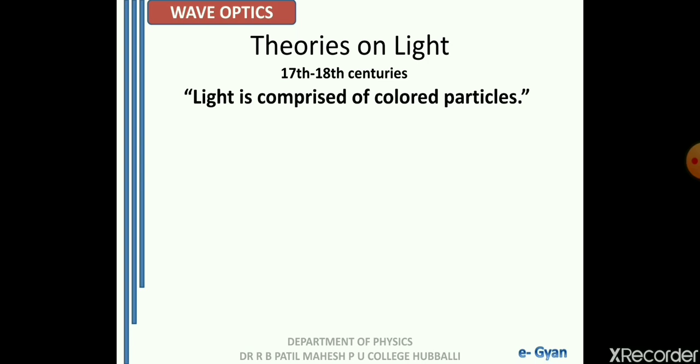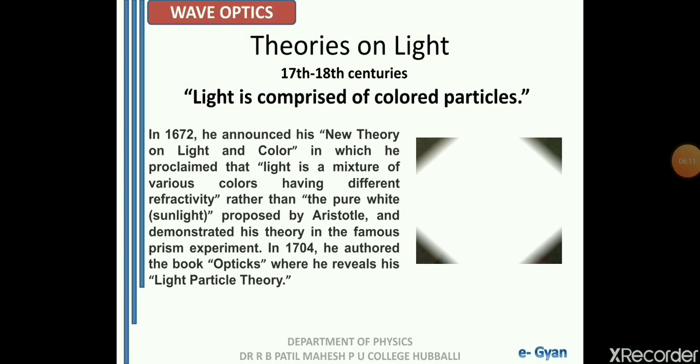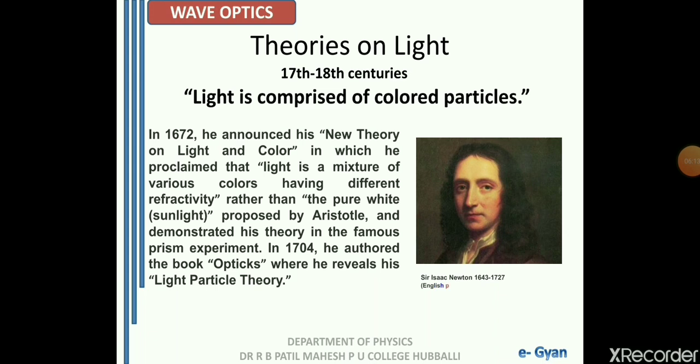In the 17th and 18th century, light was thought to be comprised of colored particles. This theory was given by Sir Isaac Newton.